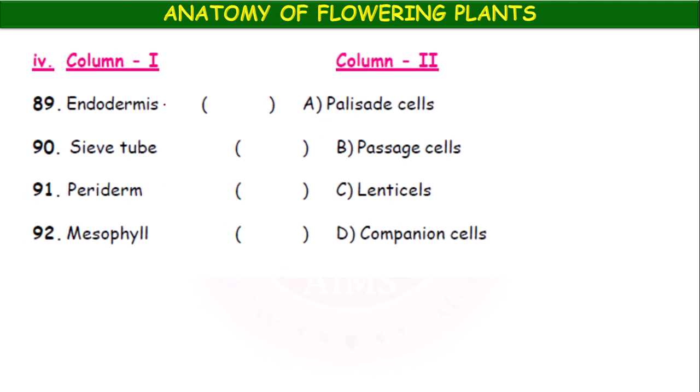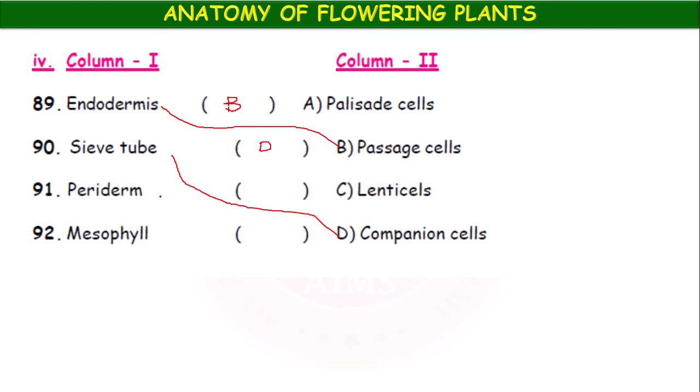Last and final, endodermis, what are the cells present in the endodermis? Passage cells. Endodermis possesses passage cells. Sieve tube contains companion cells.